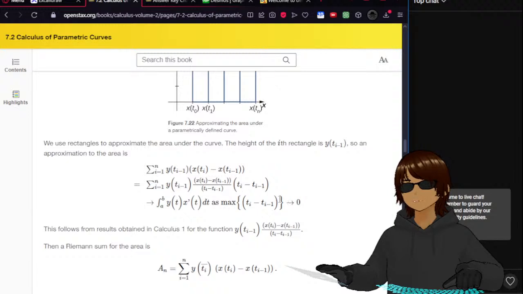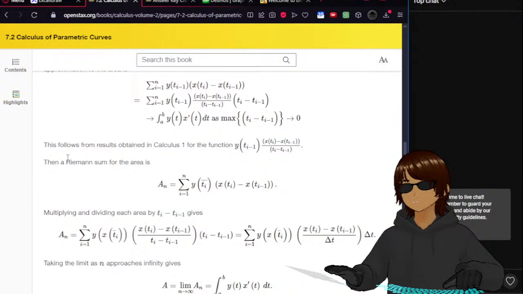So if you take this to 0, this by definition is the derivative of x with respect to t, as this t_i minus 1 goes to 0, and dt.